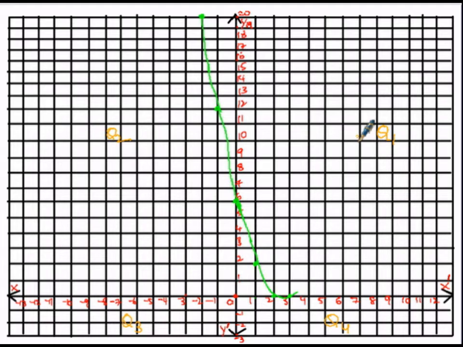It is a parabola. According to the next points, 4 and 5, you will be getting the parabola in this manner. The graph of this parabola is y equals x square minus 5x plus 6.